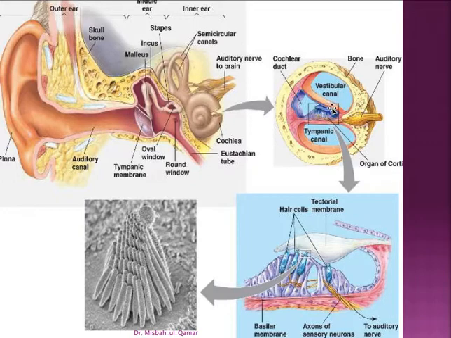And this part, the organ of Corti, acts as a sensor. So if there is any stimulus in the form of these sound vibrations, then these sound vibrations will be detected here in the organ of Corti. And with the help of the hair cells, it will generate the electrical signals. In generating these electrical signals, one thing comes in handy, and that is the endocochlear potential.